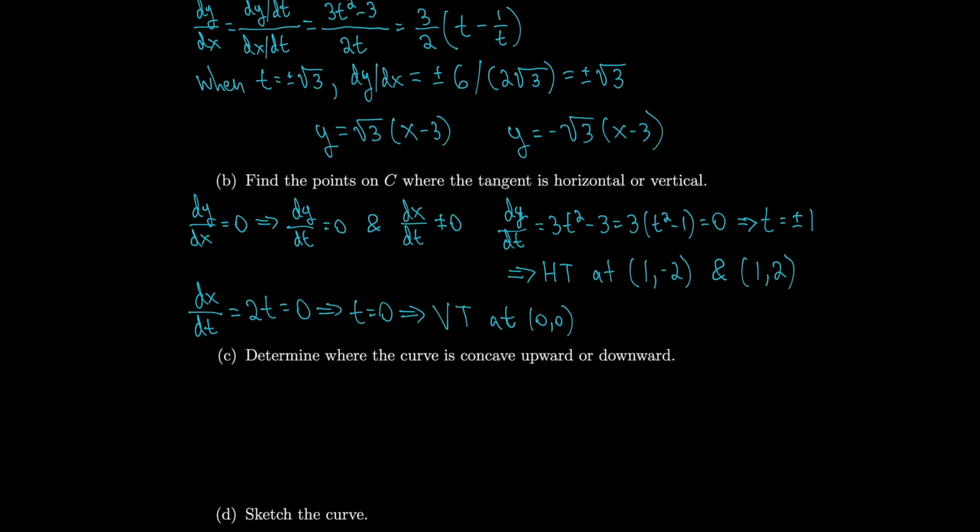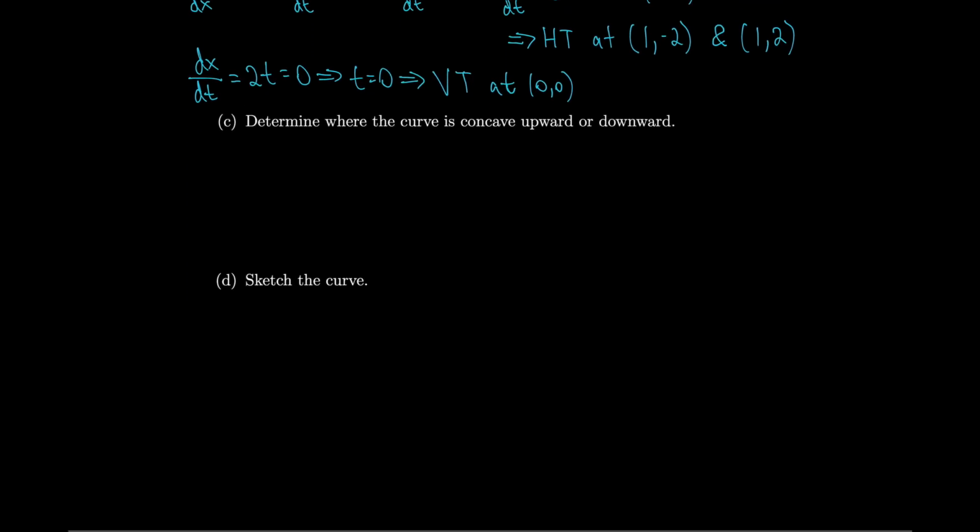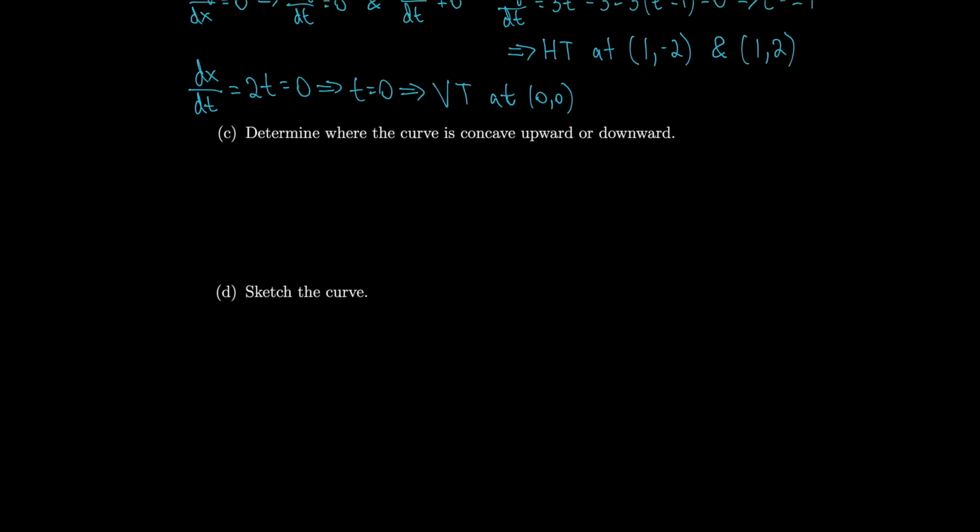Let's now determine where the curve is concave upward or downward. So we need to look at our second derivative then. So this is equal to the derivative of dy/dx divided by the dx/dt that we have.